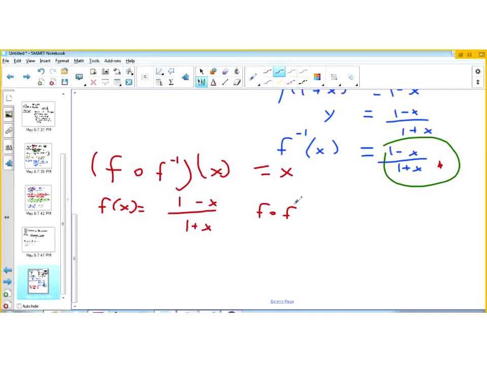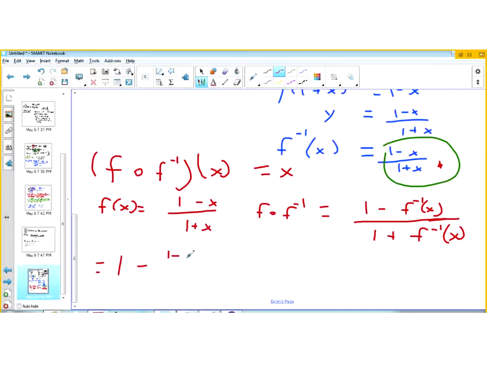All right, so f composed with f inverse is equal to 1 minus f inverse of x divided by 1 plus f inverse of x. Now substitute in our calculations for f inverse of x.